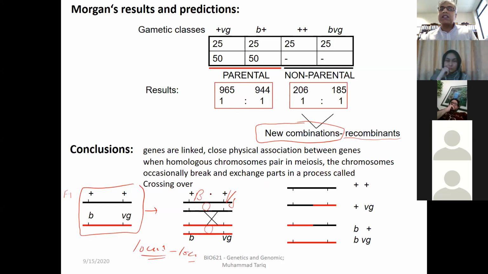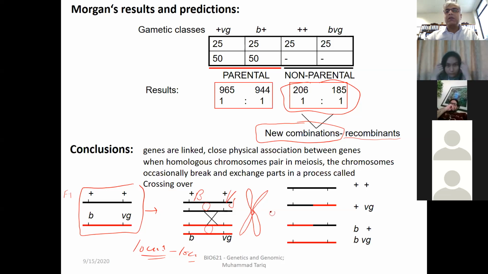So the bigger the distance between the two loci, the higher the frequency of recombination. So these numbers, non-parentals, depend on how far apart these two genes are from each other on the same chromosome. And during meiosis, they look like this. Okay, two homologs come together.